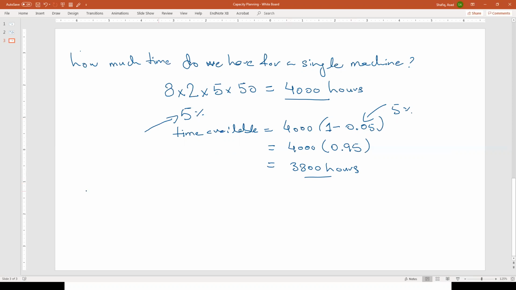Now, to answer the same question again, I'll go to the logic that we applied in our last problem, which is how many machines are needed.